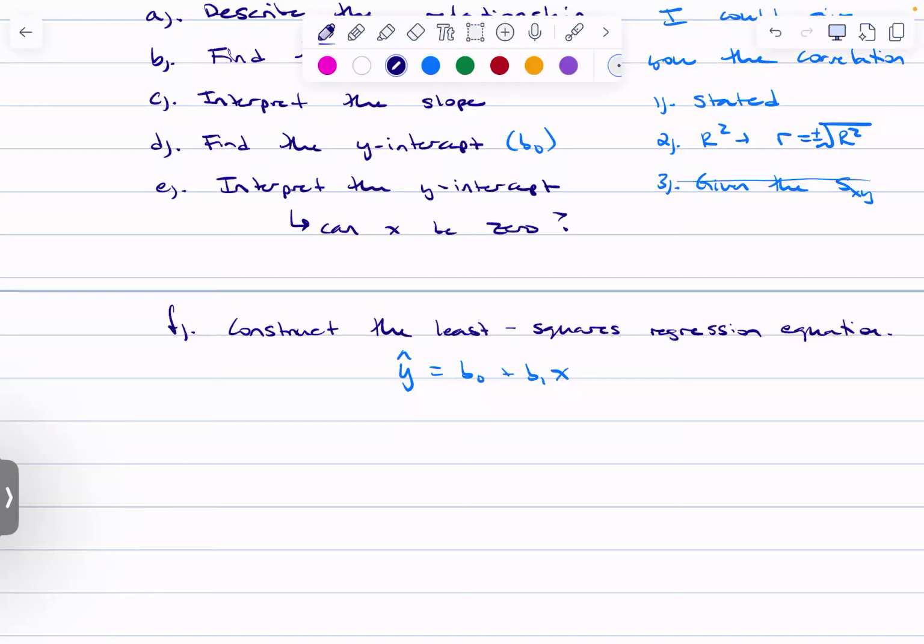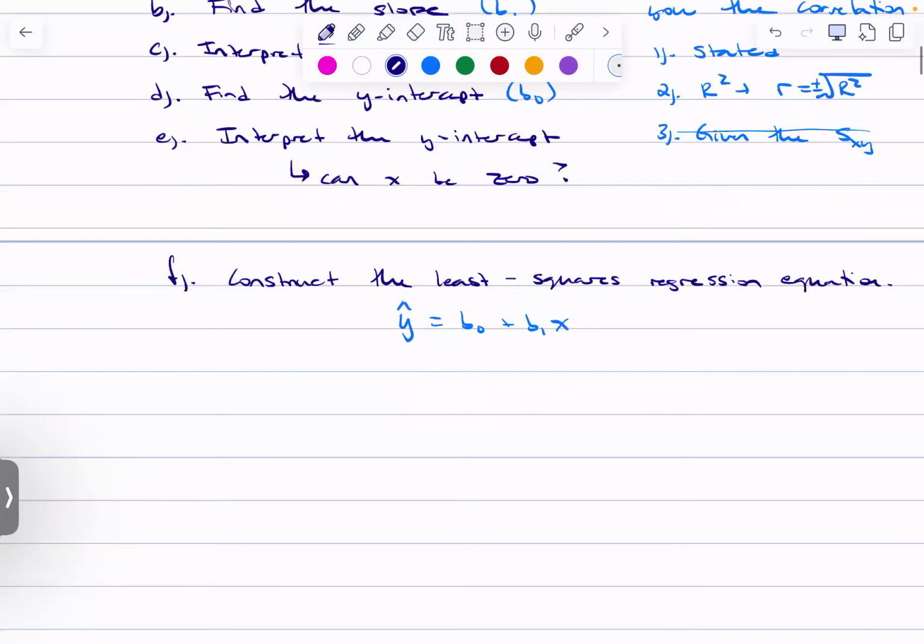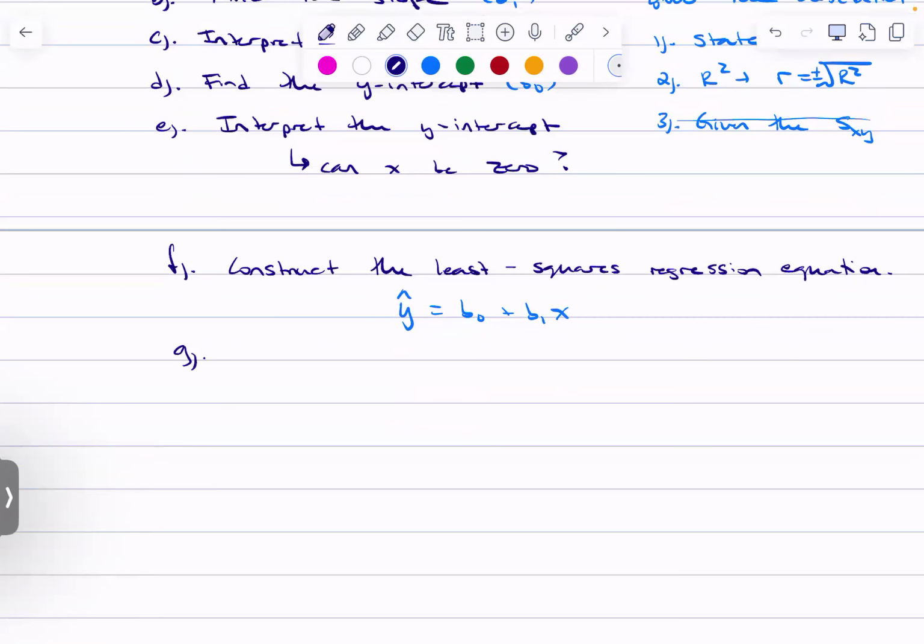Well, what was the goal of making this line? It was to predict stuff, right? And so, G, use the line that you just made to predict y given some value of x.